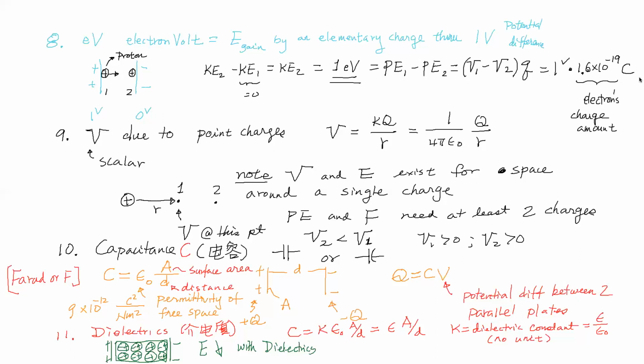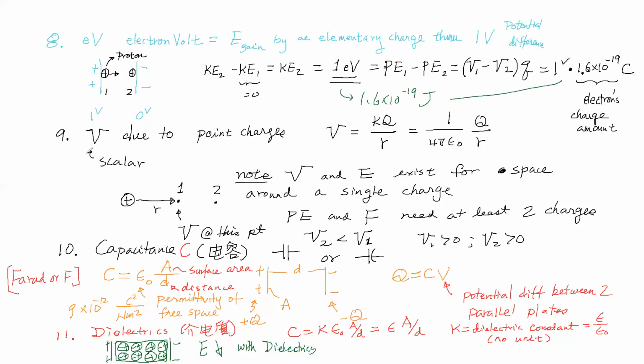So then this is equal to 1 volt times electron charge. So that becomes 1 eV. So 1 eV is exactly equal to 1.6 times 10 to the negative 19 joule, right?